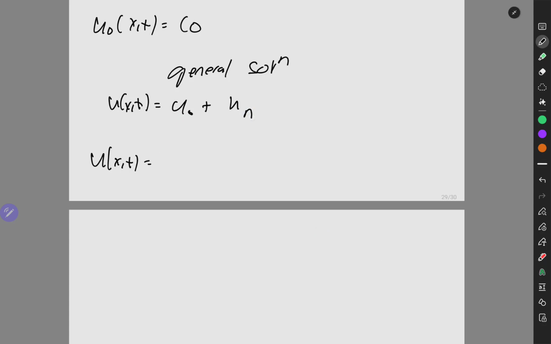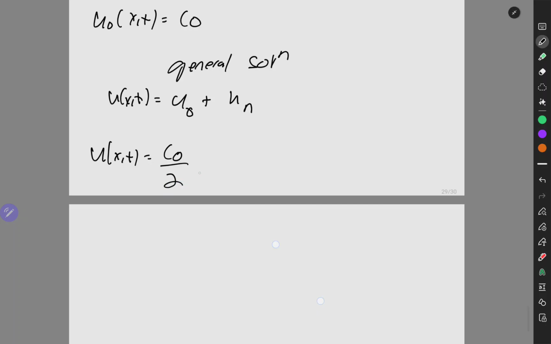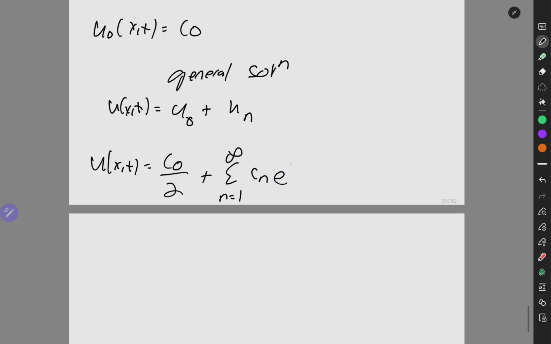Sorry, this would be an n. Don't know why I wrote t there. So we're going to write down our constant. So this is like c naught over 2. We're going to divide by 2. Plus the sum from n equals 1 to infinity. C sub n. I want to write the e term first.